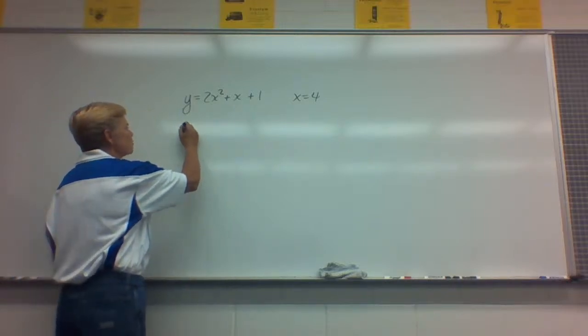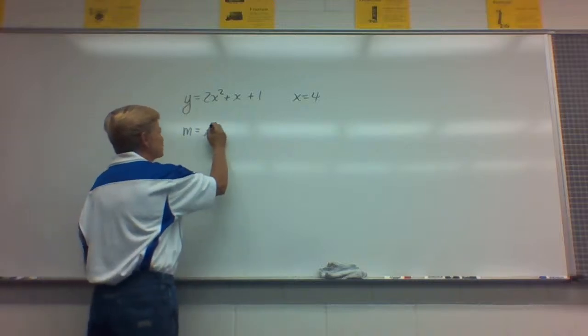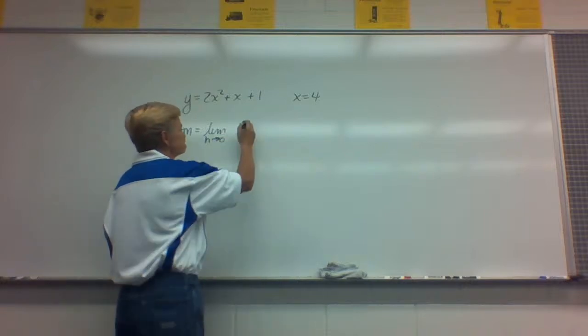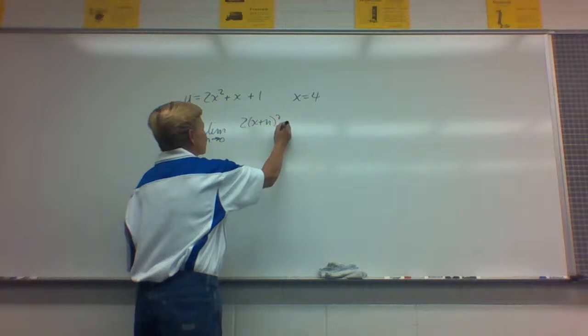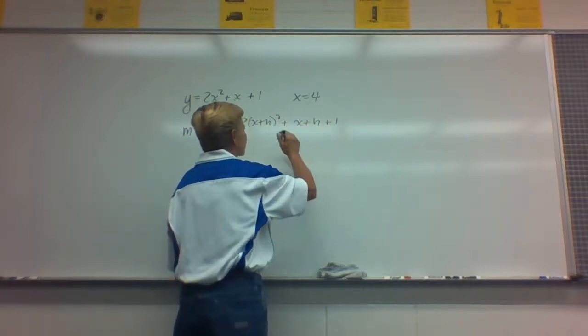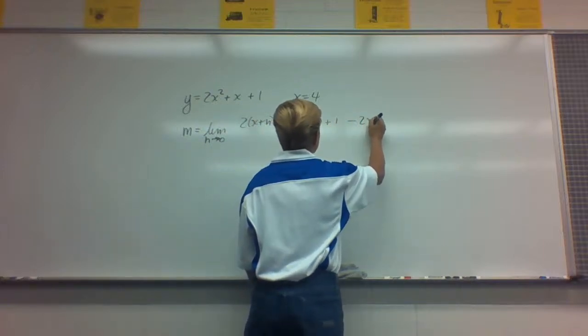Because we're looking for slope, we'll use the slope formula, the only one we know at this point in calculus, which is the limit as h approaches 0 of 2(x plus h) squared plus (x plus h) plus 1 minus 2x squared plus x plus 1.